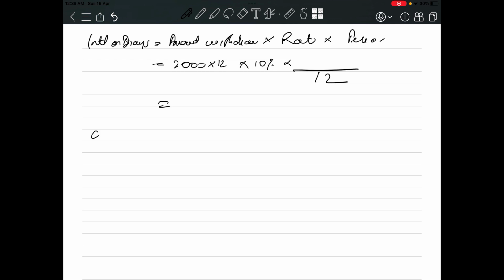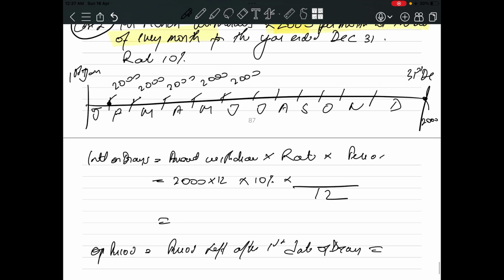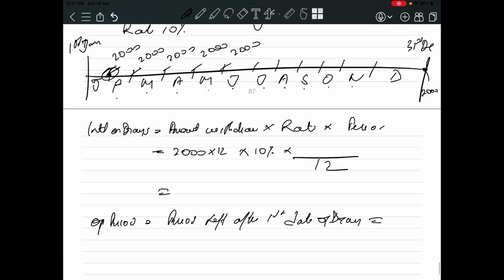What is the opening period? It is the period left after the first date of drawings. The first date of drawing is the end of Jan. So how many periods are left after the drawing? 1, 2, 3, 4, 5, 6, 7, 8, 9, 10, 11. 11 months are left.